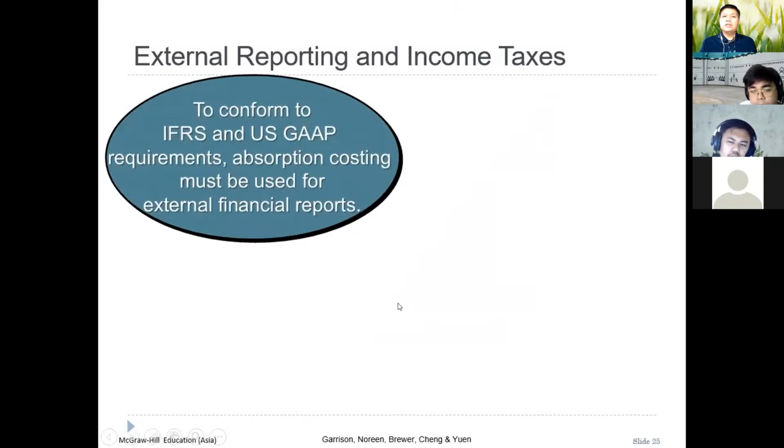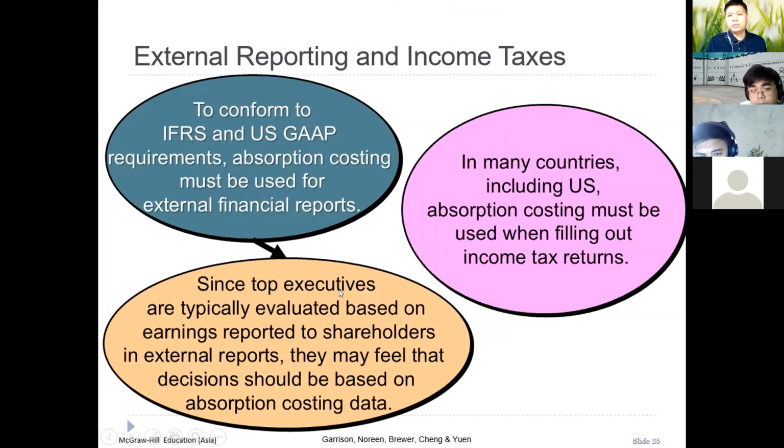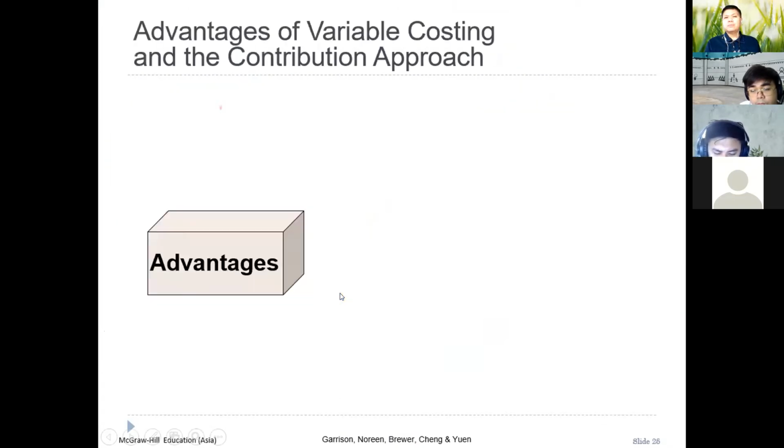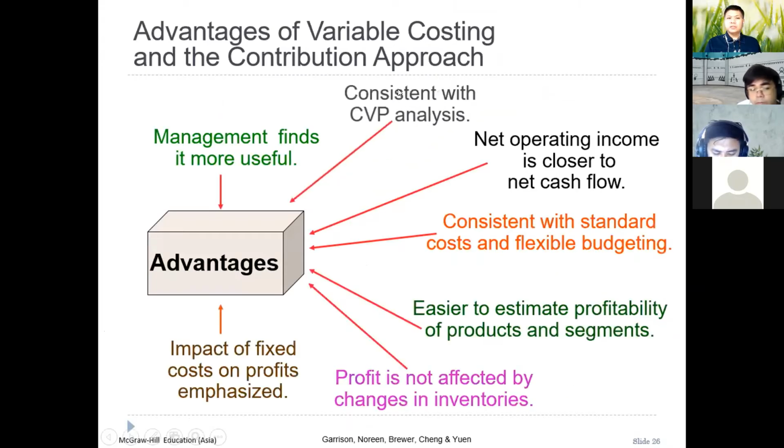No, okay. Now, in terms of external reporting and income taxes, as we mentioned, which one is for external reporting? It is the absorption costing. Now, what are the advantages of using variable costing? These are the advantages. That's why we use it for internal use. Management finds it more useful, consistent with CVP analysis.